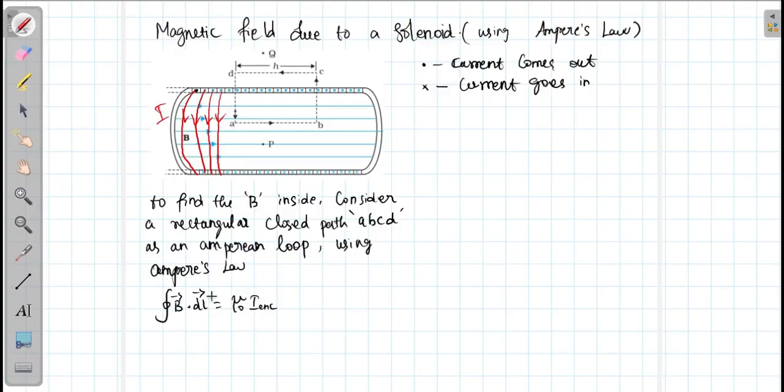Therefore, this particular integral equation is split into four different equations.